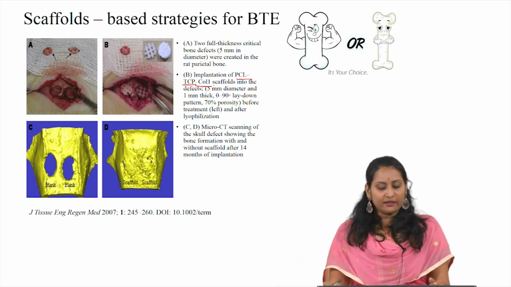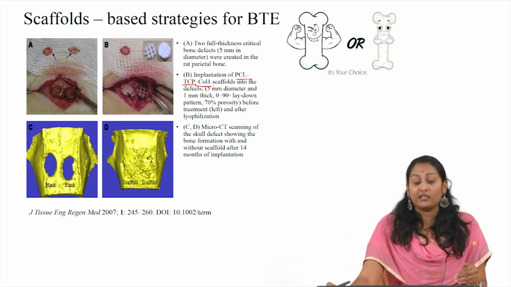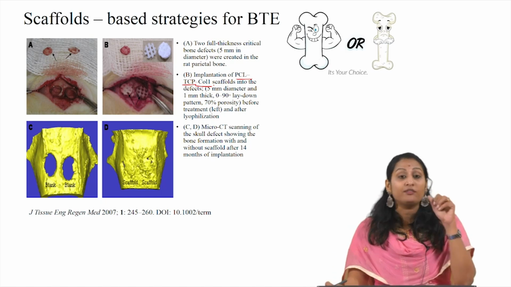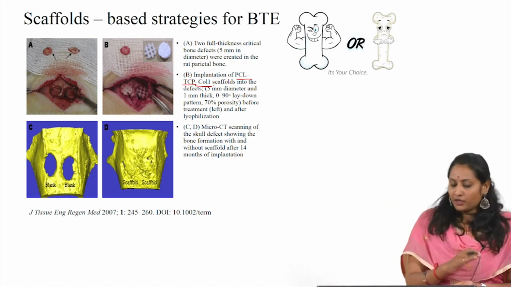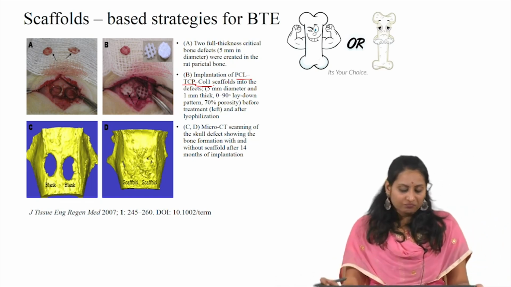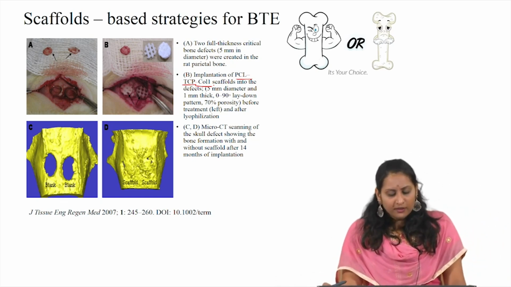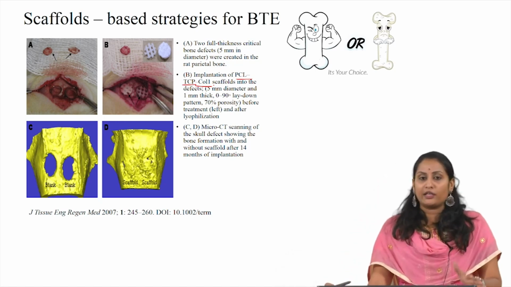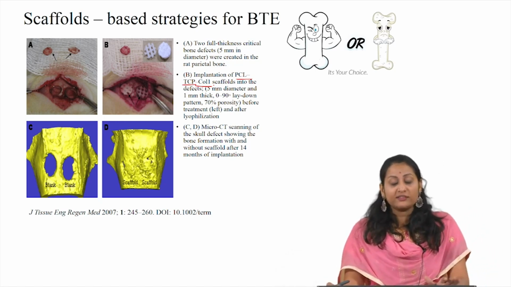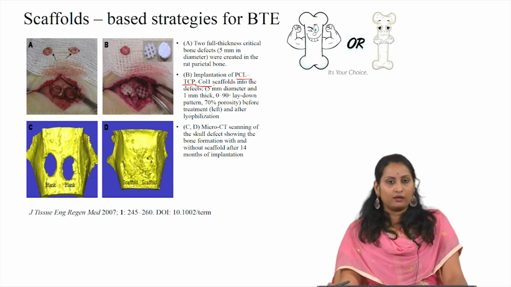In C and D you can see the micro CT scanning images of the skull defect after 14 months: there is complete closure of the bone with the presence of the scaffold, compared with the blank where there is no scaffold at all. This was done in rat parietal bone.